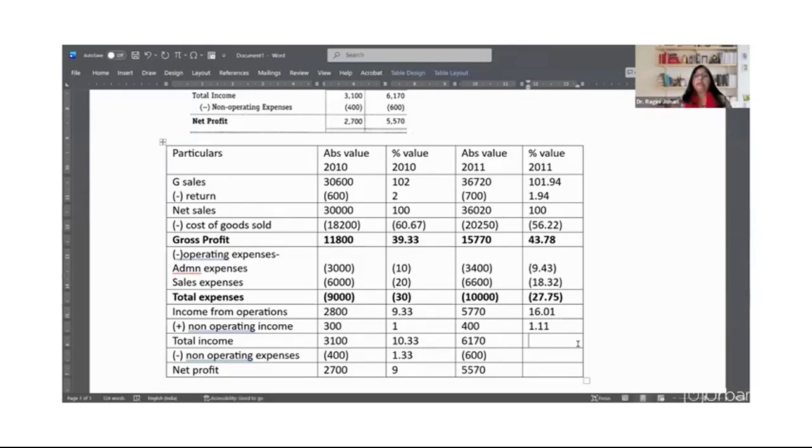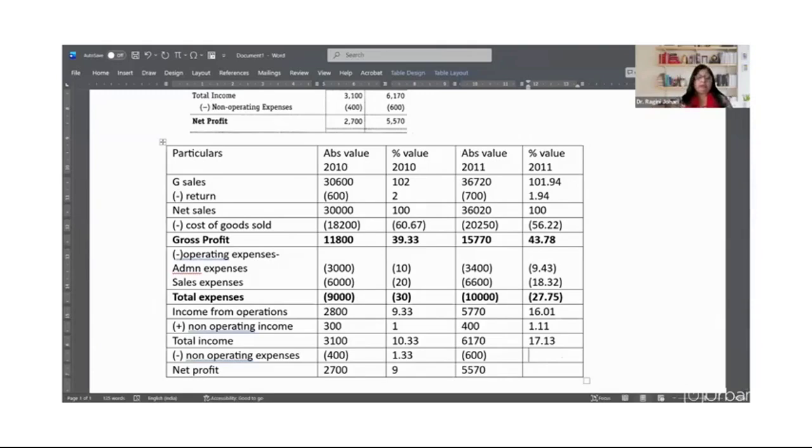Then we have total income. Total income in the current year is 6,170 divided by 36,020. This is 17.13%. So from here, what do we find? The total income has increased from 10% to 17%, an increase of 7%.